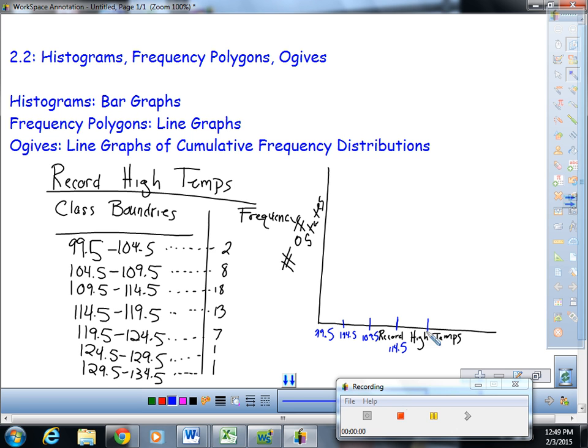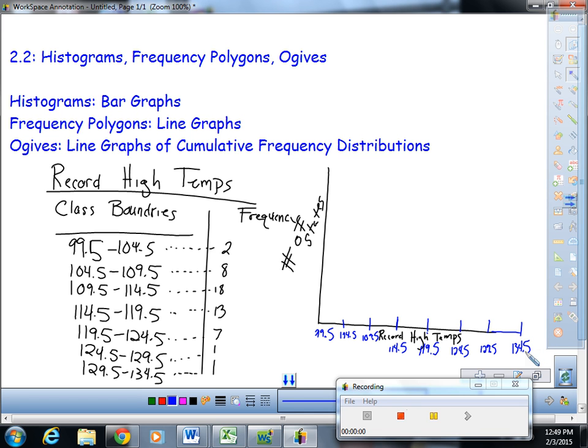Just learn how to get your numbers right and learn the process right, and then when you turn them in on a computer, I'm going to expect that they're going to be dazzling. And that's like where the marketing comes into play with the statistics. 119.5, 124.5, 129.5, and 134.5.